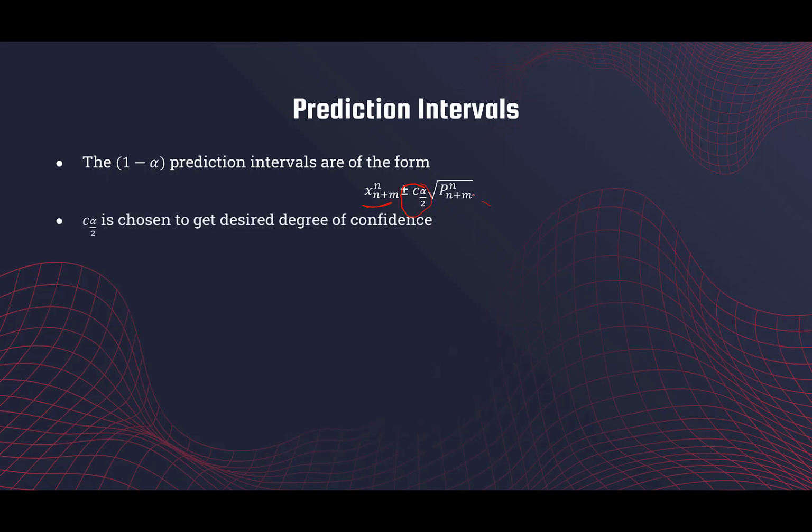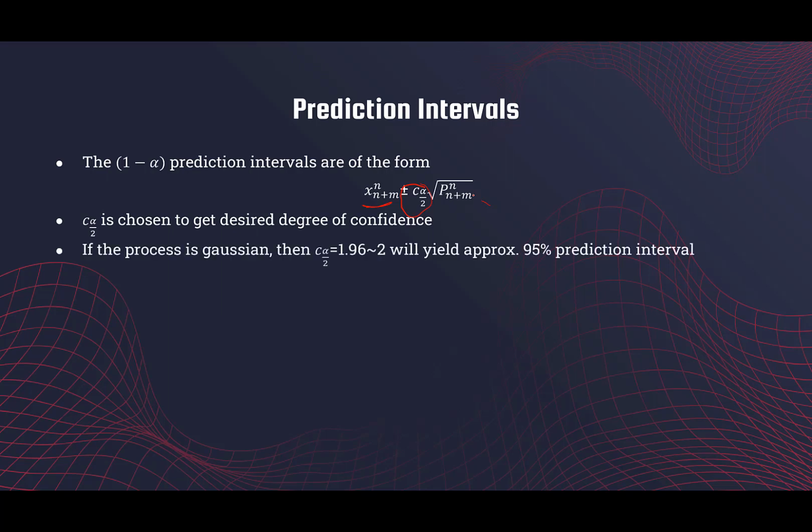Okay, and the c alpha by 2 is chosen to get the desired degree of confidence. So this is a little bit of a recap of interval building, of confidence intervals that you've done in previous classes. So basically the c alpha by 2 comes from the cutoff.